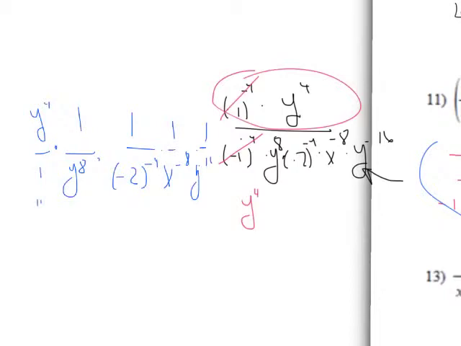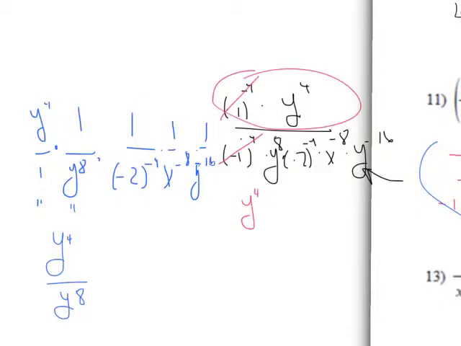So this one is just going to stay the same, as will 1 over y to the 8th. So I'm going to now start combining my like bases. So I have y to the 4th over y to the 8th, and I'm going to leave a little room because I know that I also have this y to the negative 16th. I can't read my own writing.